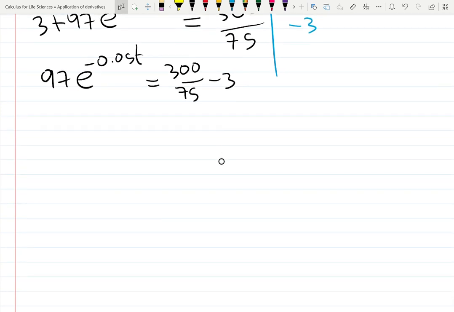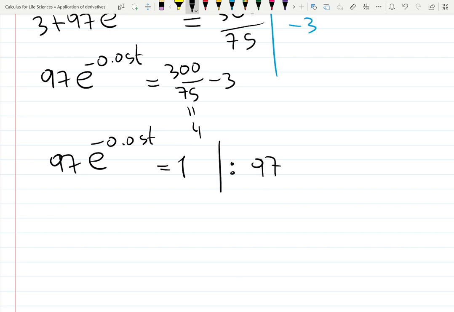Really? 300 divided by 75 is 4. Oh, that's nice. So if this is 4, then this is just 1. 97e to the minus 0.05 t is just 1. How convenient is that? Divide by 97, and then this ends up exactly as what we used to have before. That will be 1 over 97.